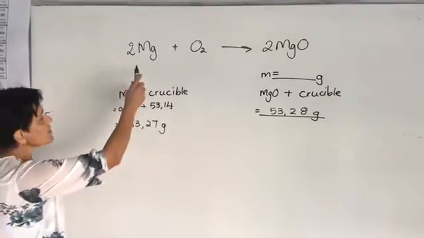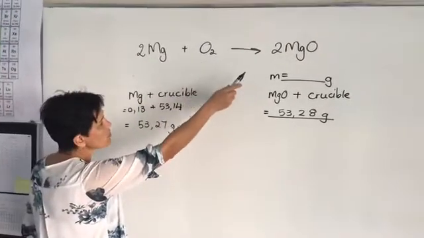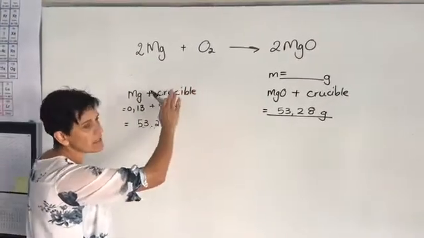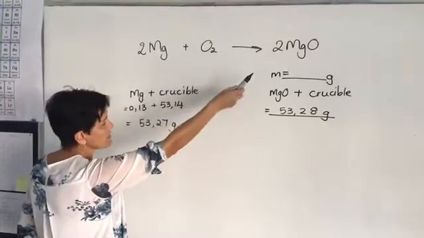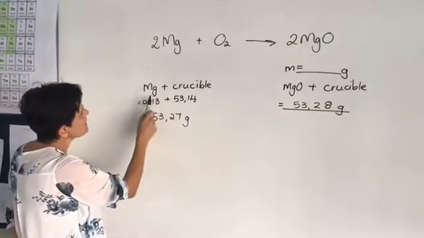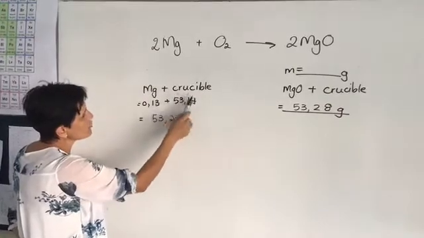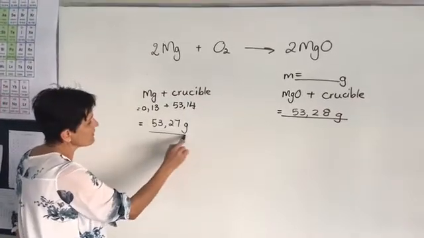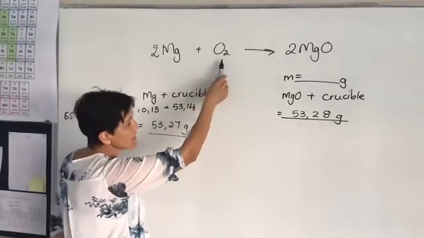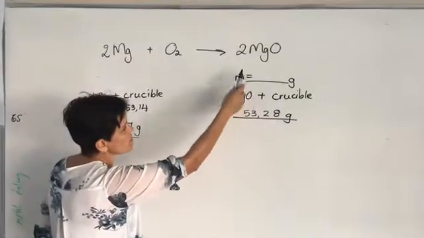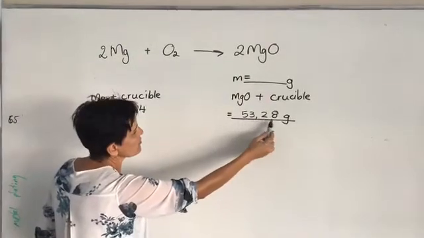Okay, now in the equation of magnesium reacting with oxygen, all we're going to look at here is how the calculations can assist us to see how much oxygen has reacted. So in the beginning we had magnesium 0.13, the crucible weighs that, so together the two of them weigh this. After burning it and gaining oxygen to form magnesium oxide, it weighed 53.28.